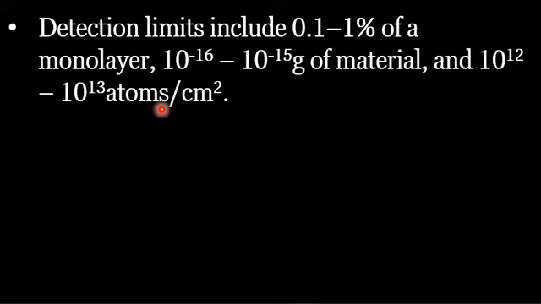So the detection limit from which Auger electrons are emitted is quite small, and that's the reason the penetration depth of the electron is also very small.